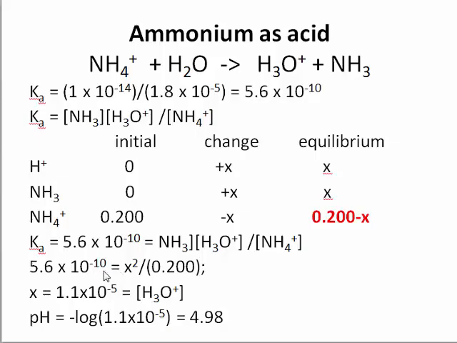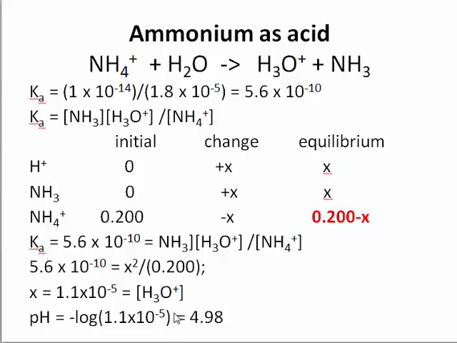Alright, this gives 5.6 times 10 to the negative 10 is X squared over 0.2, which gives a value of X of 1.1 times 10 to the minus 5. And remember, the way we defined X, it's equal to the H plus or hydronium ion concentration.